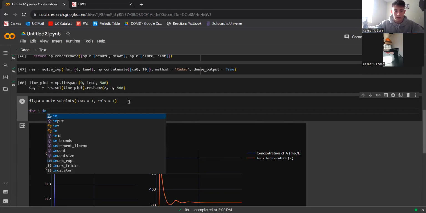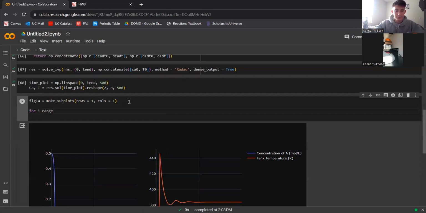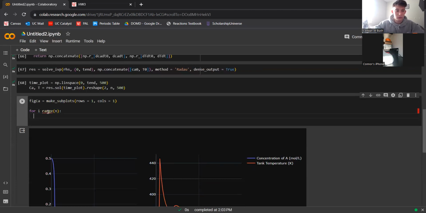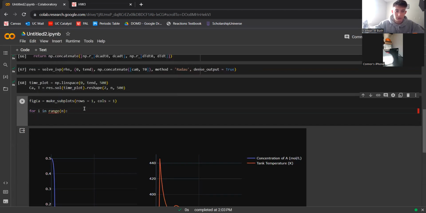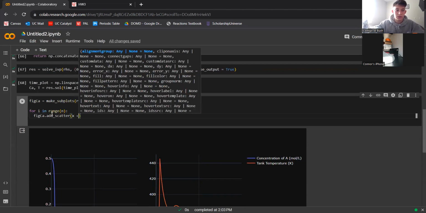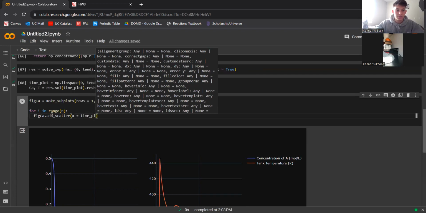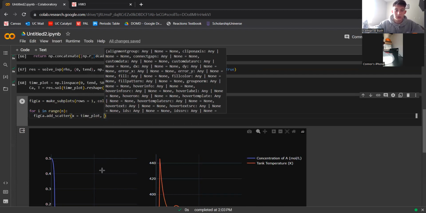So for i index in range n, so for all 15 CSTRs, we're going to add a scatter. So we're adding a point for each of these. So our x value is going to be this time plot of the 500 evenly spaced values from 0 to 10 minutes, whatever we have set.